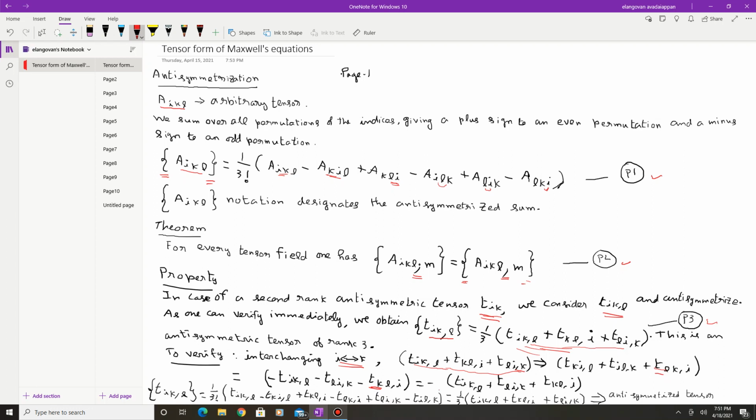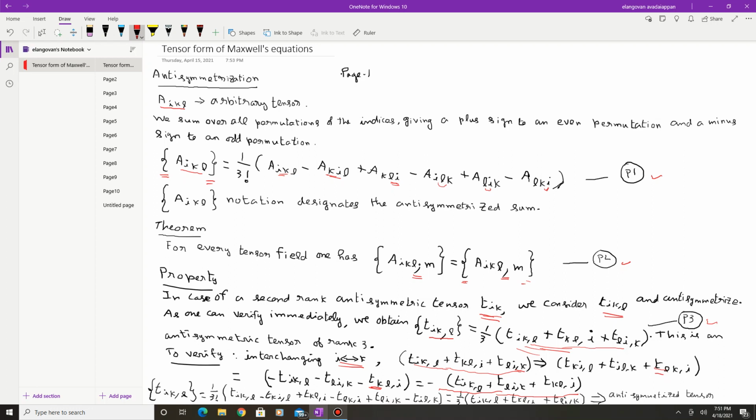So T_ik comma l plus T_kl comma i plus T_li comma k is equal to minus of this expression.